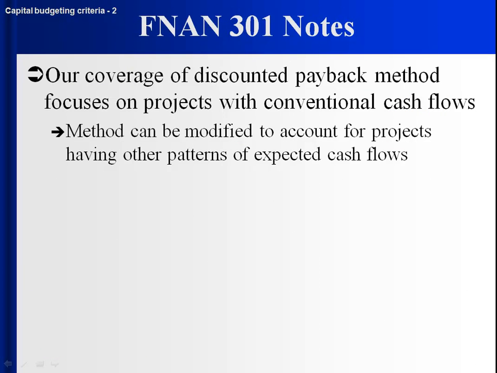So we're going to focus on conventional cash flows. Remember, with a conventional cash flow, you start out with a negative cash flow, and after that, everything is positive or zero. It suits itself quite nicely to discounted payback or payback because at time zero, you put out your money and you know what you need to recover.